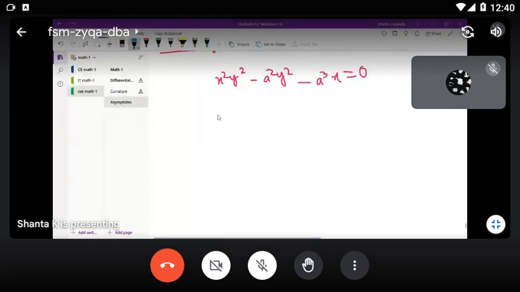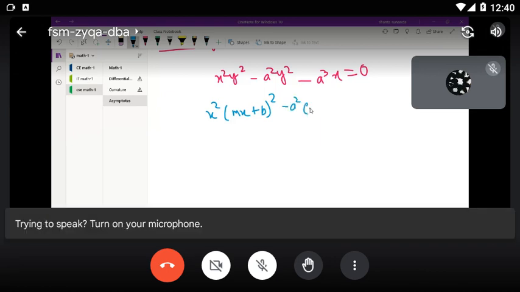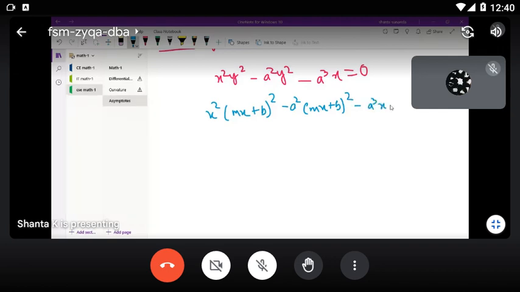If you put here x square times (mx plus b) square minus a square, and do the simplification, you tell me the coefficient of the highest power, x to the power 4.